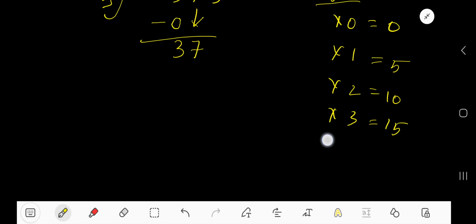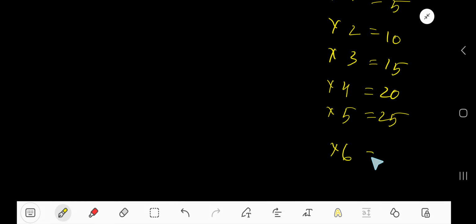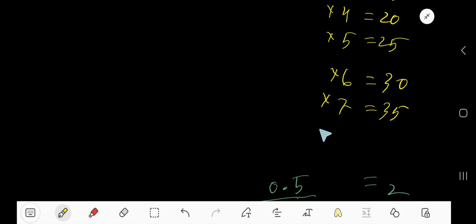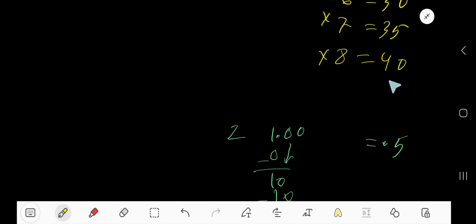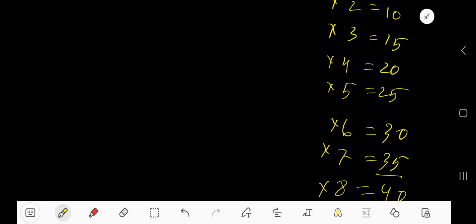Just add 5. 5 times 4, 20. 5 times 5, 25. 5 times 6, 30. 5 times 7, 35. I am not memorizing this multiplication table. 5 times 8, 40. But here we have 37 and here we have 40, so it is exceeding, so we'll stop here.